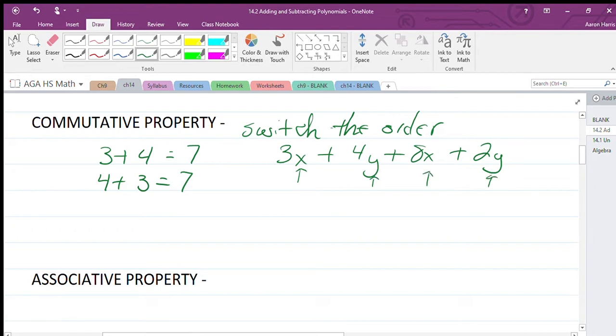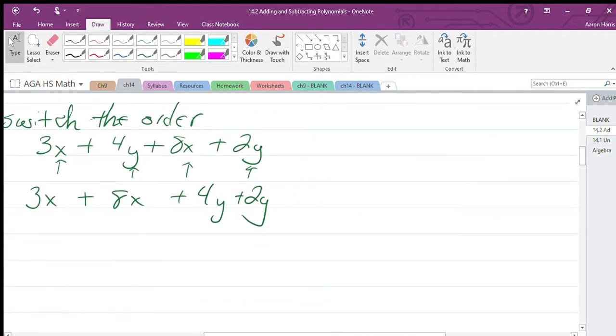So what am I allowed to do? This is really combining like terms, but the commutative property allows us to do what? Switch the order. So now I can say 3x plus 8x plus 4y plus 2y. Now, when I combine like terms, what do I get? I can easily see that it's 11x plus 6y.